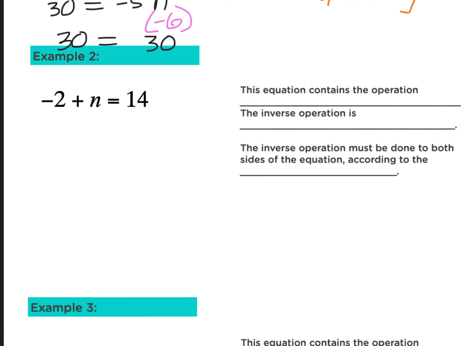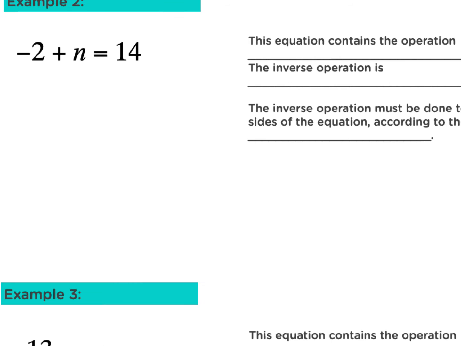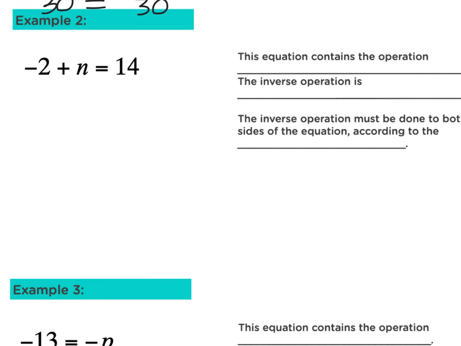All right, so for number 2, the equation contains the operation. What's happening with this? We're adding a -2. That's what operation we have there. What's happening there?